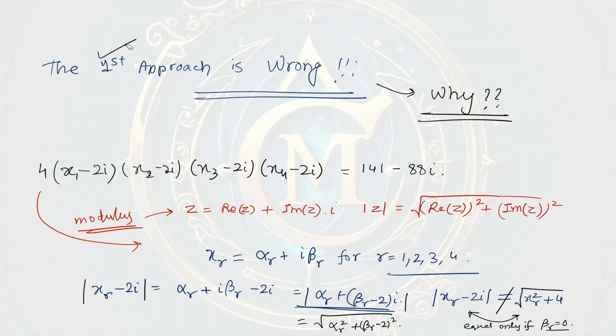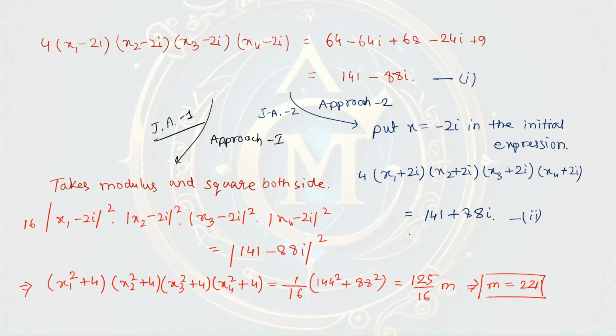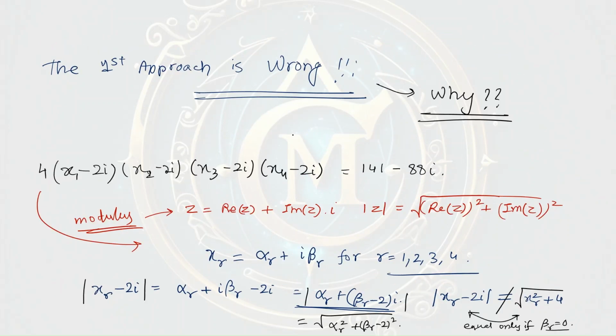But in this case, this is not a correct approach. This is a very conceptual point that you have to keep in mind, because the answer by both the approaches comes out to be the same, which is m equal to 221. But the first approach is conceptually incorrect. I hope you understood the conceptual mistake that would have happened to you while solving this question.